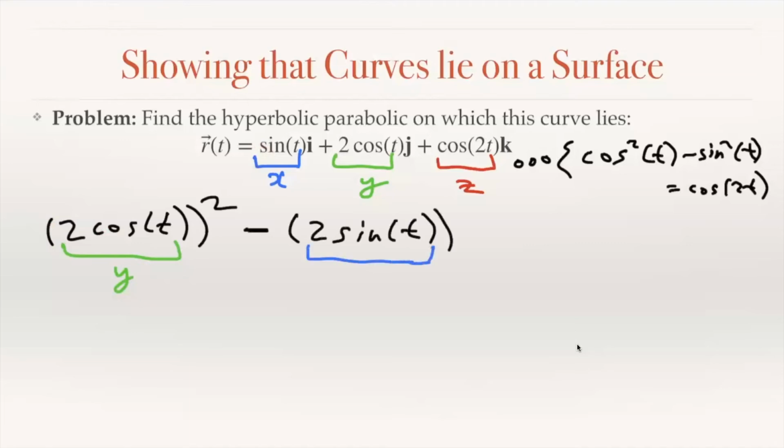This guy is now 2 times x. X is sine t, 2x is 2 sine t. Okay, that is 4 cosine squared t minus 4 sine squared t, and we square that as well.